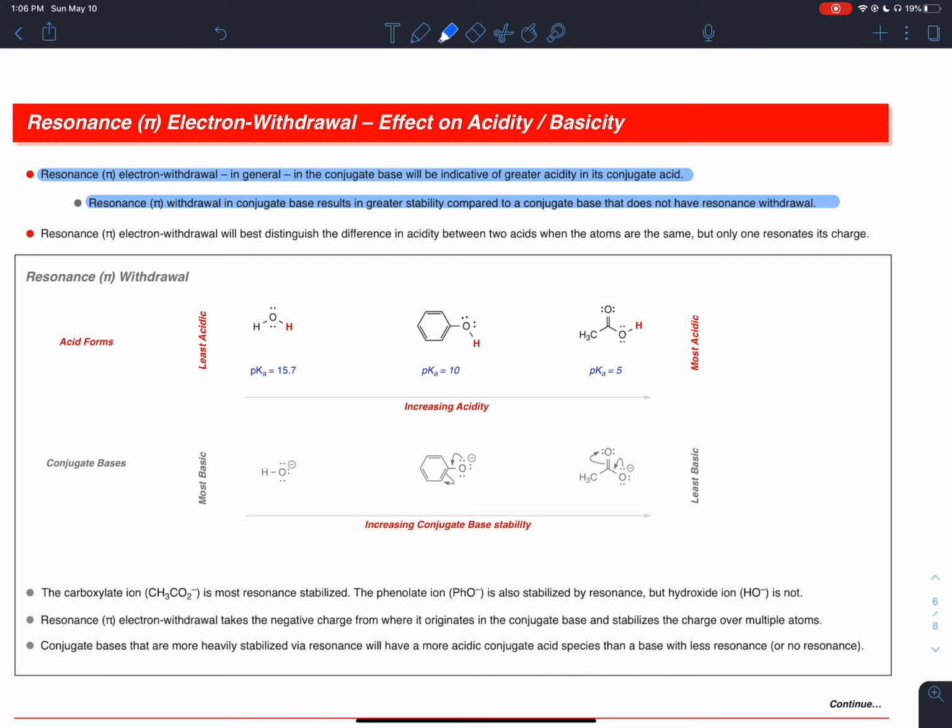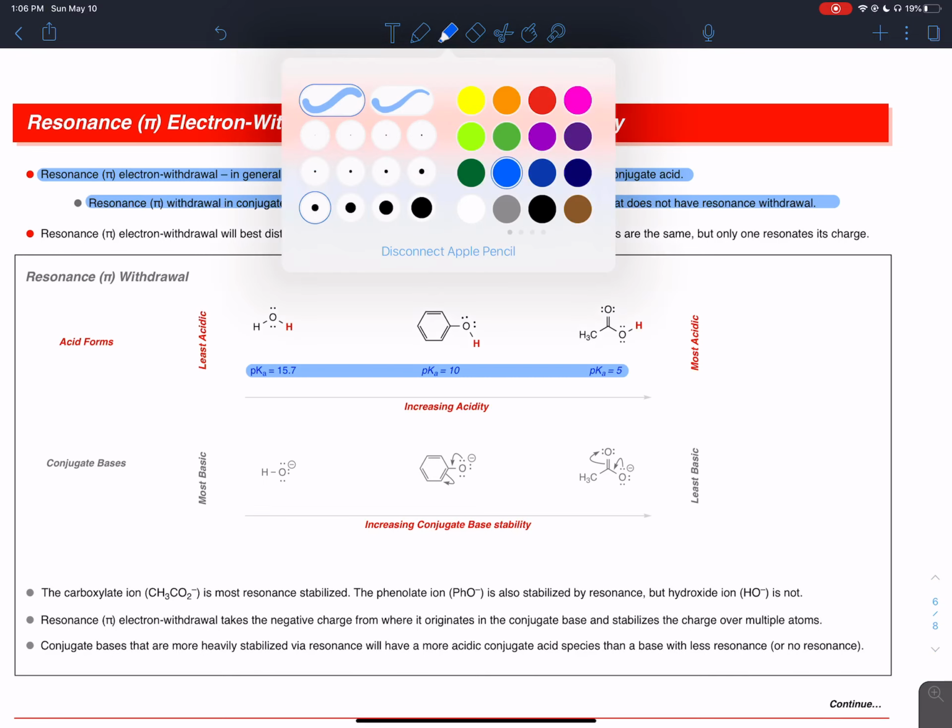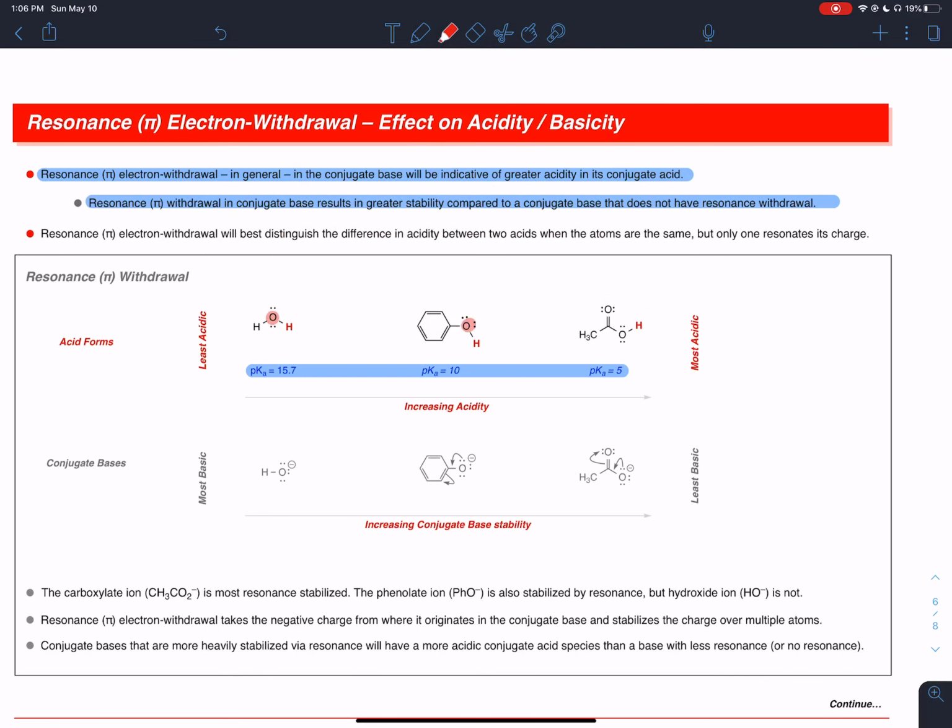We are going to compare water, H2O, to phenol, to a carboxylic acid, acetic acid. Notice the difference in pKa values here. Okay, and the difference in acidity is now a function of the resonance in the conjugate base. So what we're going to do is say, first, each of the atoms bearing the acidic proton are the same.